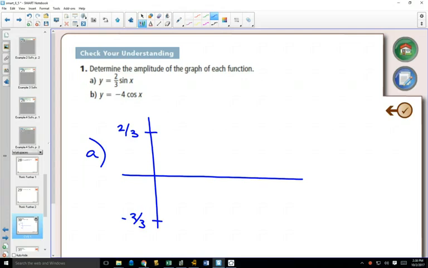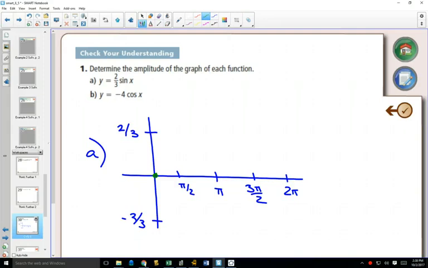So when we drew sine before, we marked a place for 2 pi, 1 complete cycle, and split that up into 4 equal sections. Now, where does your sine graph start? Sine graph always started in the middle, going up. So we're going to do the same thing here. We're going to start in the middle, going up.